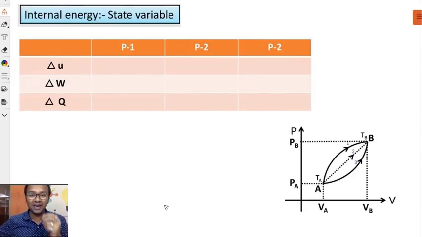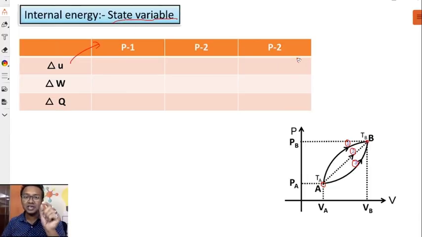But before that, we need to observe certain things. When we are going through three processes, let's say we are at this point A, and we want to go to point B. We are going through three different processes: this is 1, this is 2, and this is 3, my dear students. We want to calculate what is going to be delta U for each case. Students, delta U is a state variable.